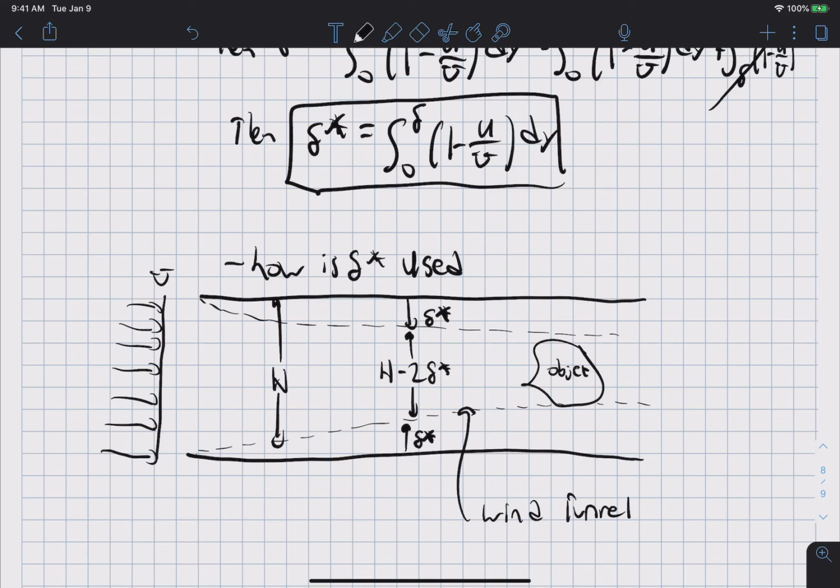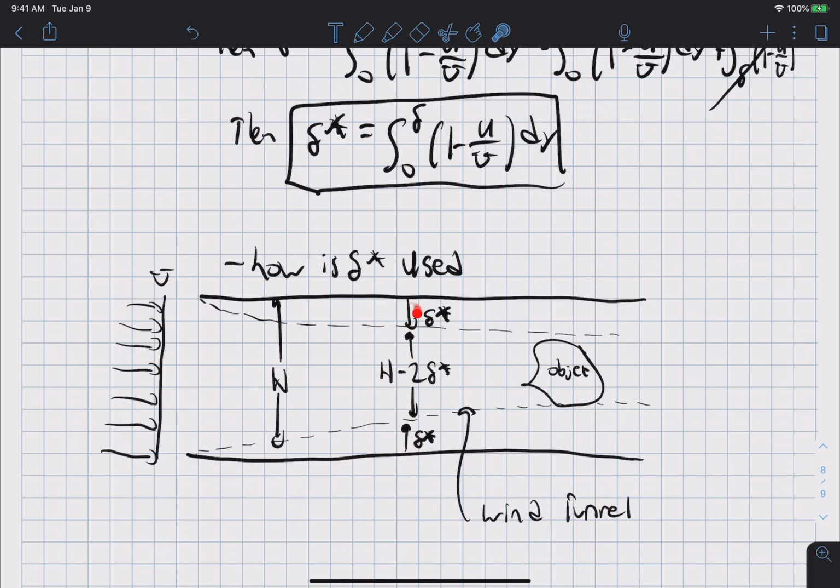So what the displacement does is basically say that this portion of the channel is blocked off to the flow.